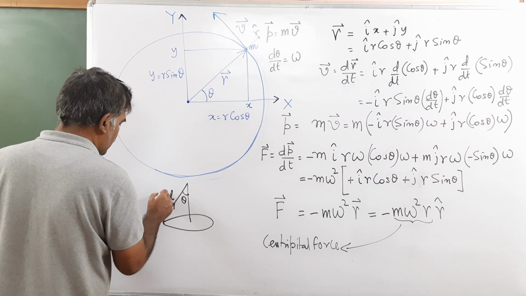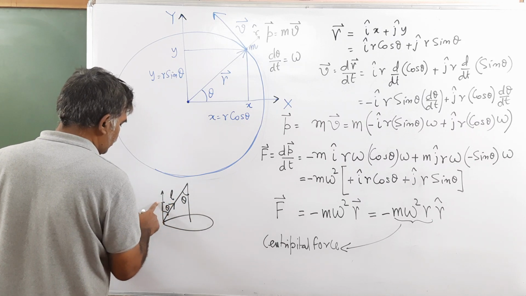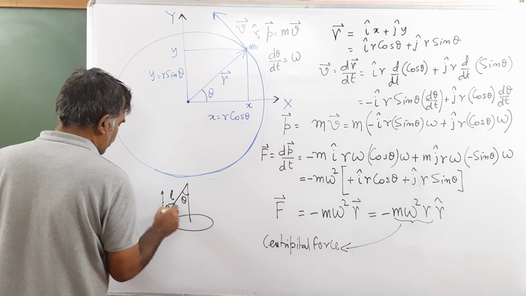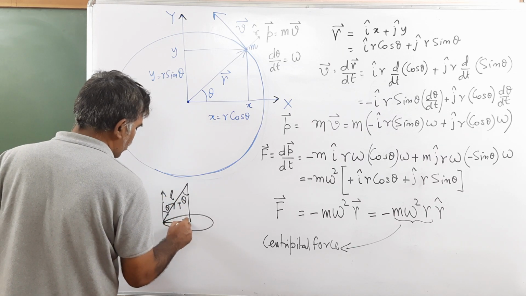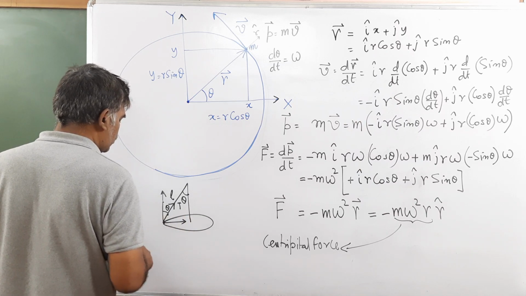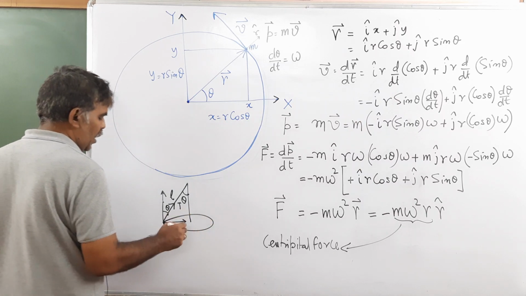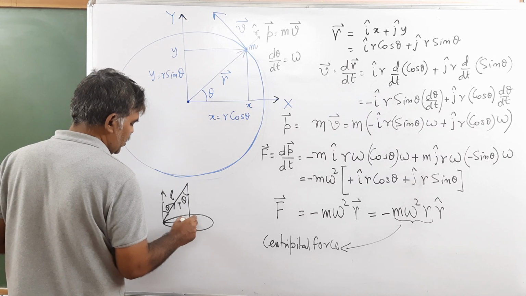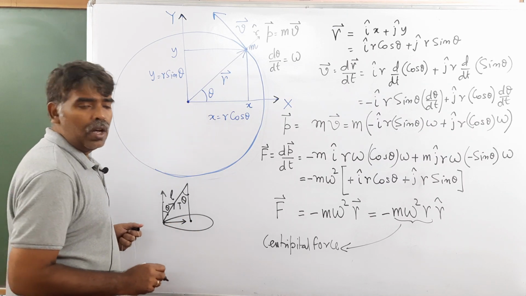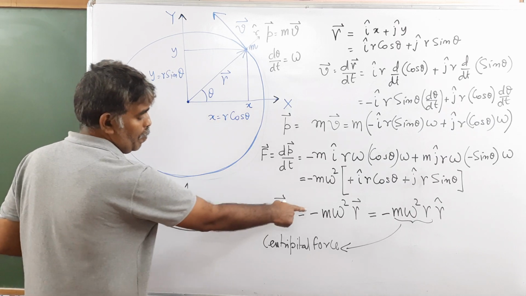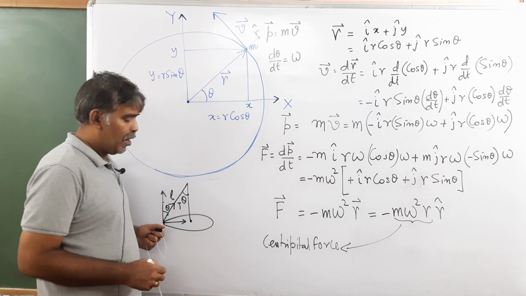If this is theta, this is also theta. This is T, right? So the component of T along the center of this circle, or radially inward, is the centripetal force, which is m omega square r.